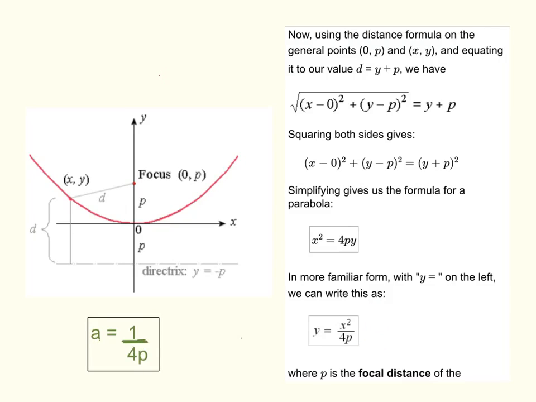So the value of a, the number in front, in ax squared plus bx plus c, the coefficient of the x squared term, is always 1 over 4 times the focal distance. The distance from the vertex to the focus is always p, and a is 1 over 4p.